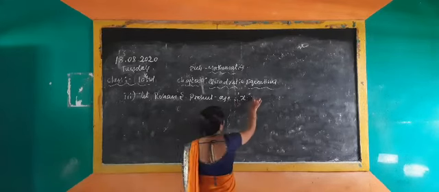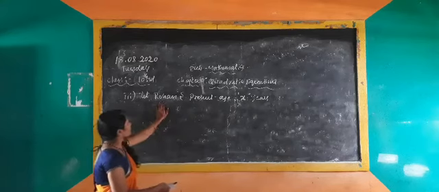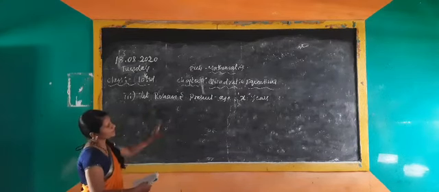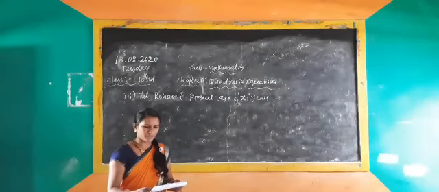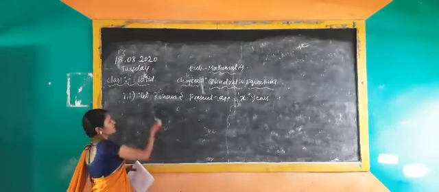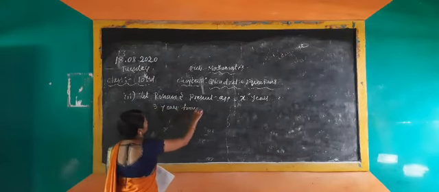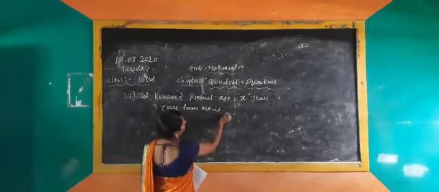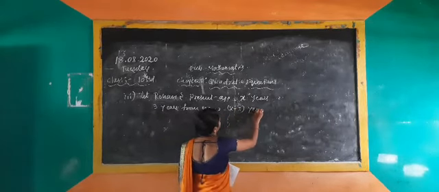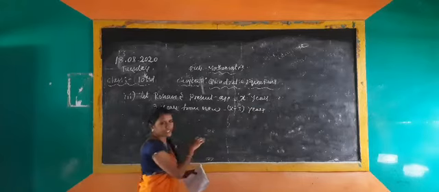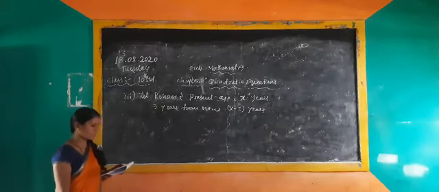Here they have given years, you have to write here. I have taken Rohan's present age as x. Next, the age of Rohan 3 years from now, they said. Yes or no? 3 years from now means x plus 3. Going back means you have to take the minus. From now, present means you have to take x plus 3.